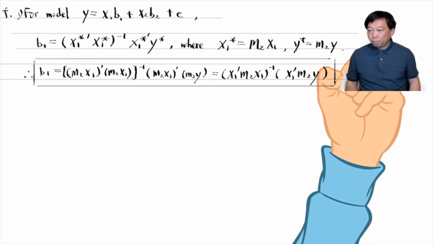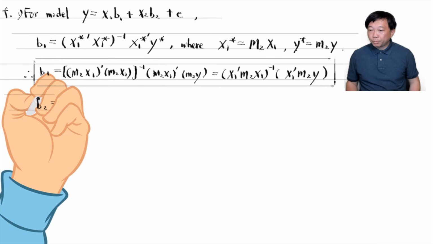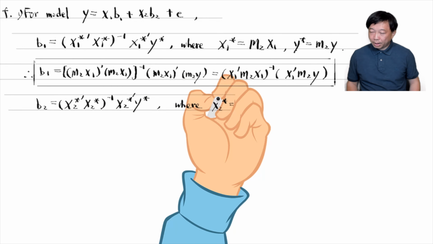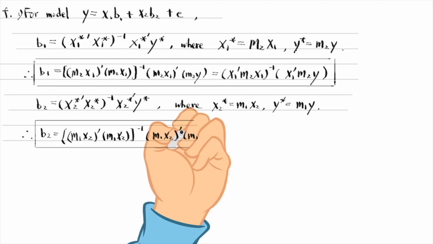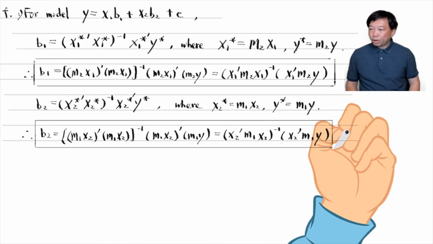The transformed variables have been partialed out the effect of x2. Using the residual maker m2, we can write b1 as a function of m2, x1, and y. Similarly, we write b2 in terms of m1, x2, and y. Please check out the videos on the residual maker and projection matrices in another course, 5-minute Econometrics.